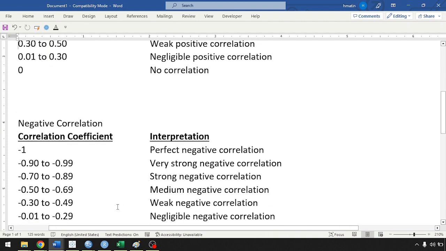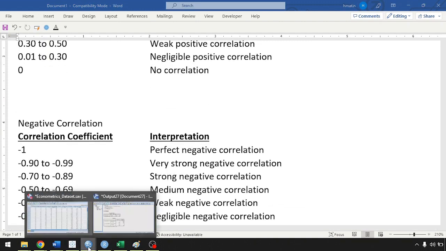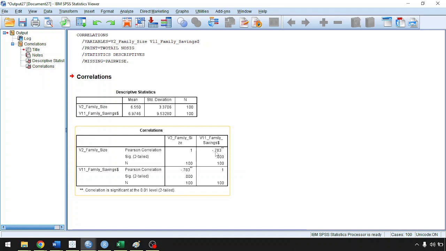So let's go to our output and look at it. It's minus 0.783 with 2 stars. So SPSS flagged this for us to say that this is actually significant at the level of 0.01 two-tailed. I was looking at a significance level of 0.05. If this is significant at the level of 0.01, then this means that it is significantly correlated, and it's statistically significant in terms of correlation.